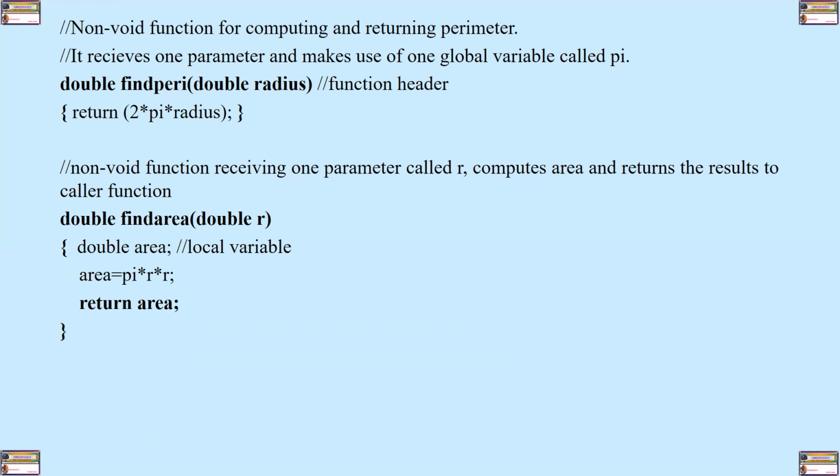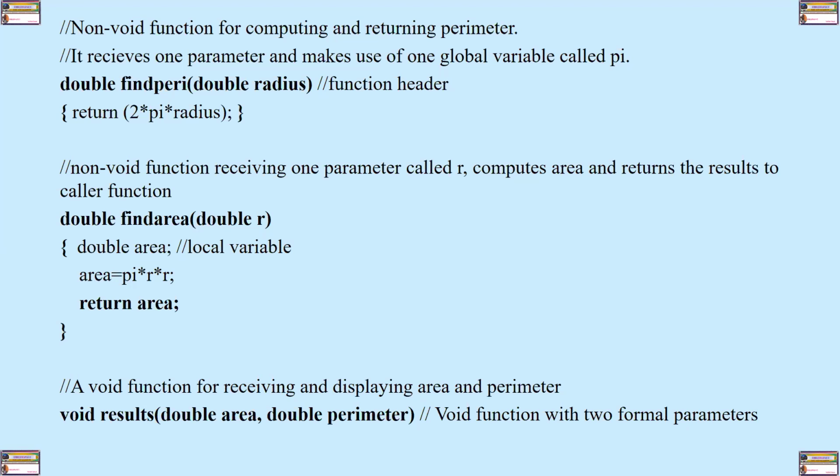Then the value received is multiplied by itself and the value of the memory location called pi, and the result is stored in the local variable called area. And then we are returning the area. The function find the area is returning area, the result of the computation, as double to the caller.